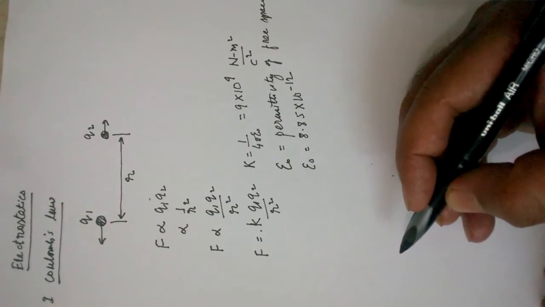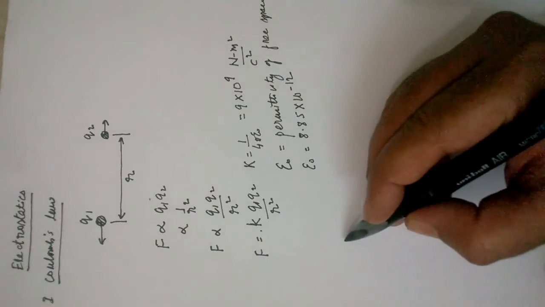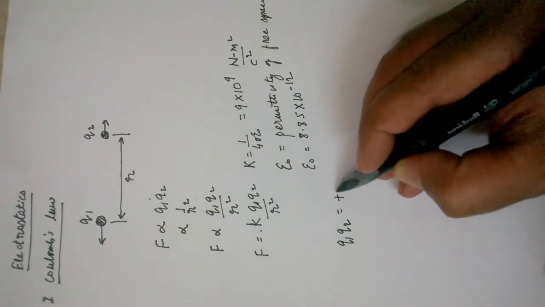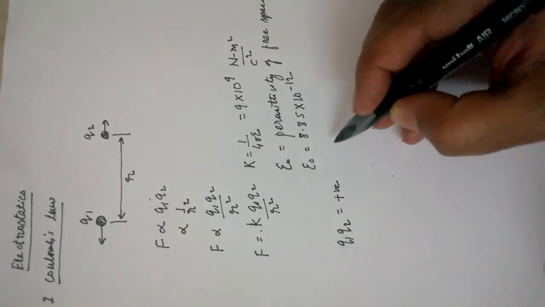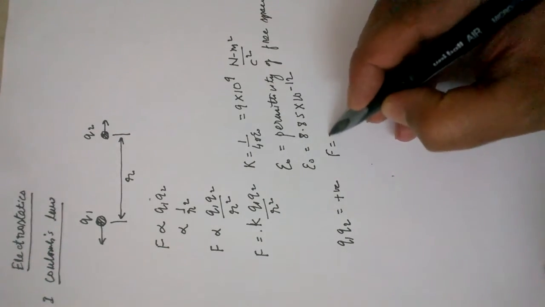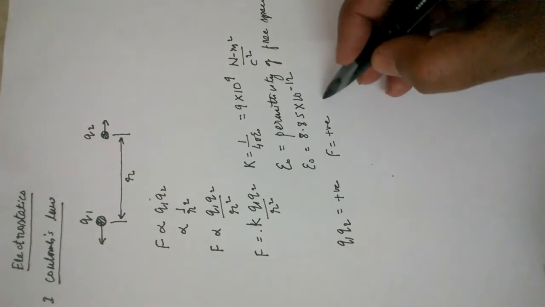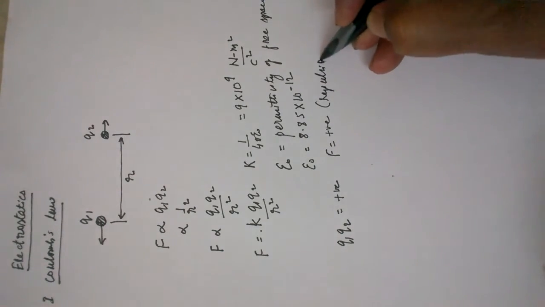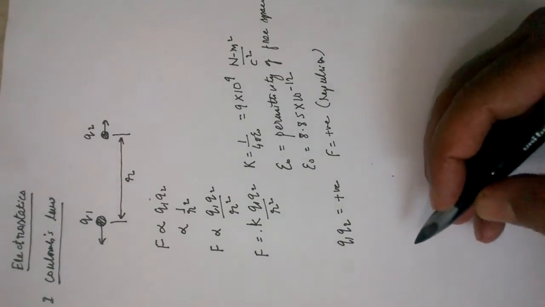Now let us see, if the product of charges Q1 and Q2 is positive, it implies that the force will be positive, and positive force means it is repulsion. So there will be repulsion between the charges.